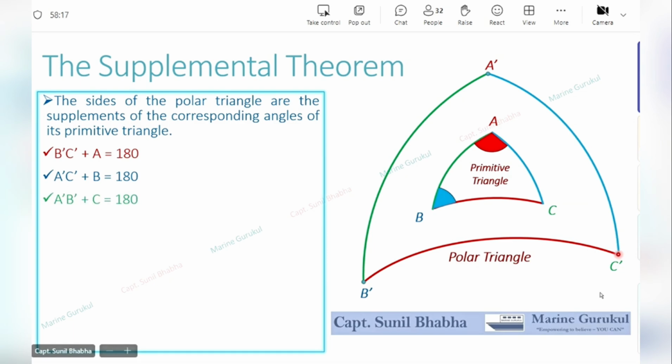Now taking it to the third side of the polar triangle, the green side, which is A'B'. The corresponding angle to this side in the primitive triangle is angle C, represented by the green color angle. The sum of these two, A'B' plus angle C of the primitive triangle, is also 180 degrees.